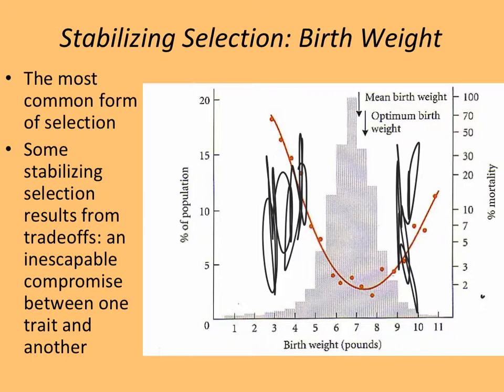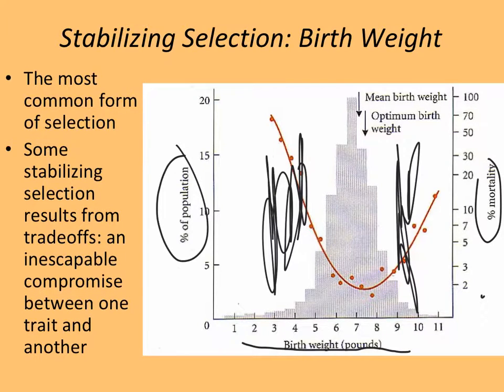Okay? First of all, this is percent of the population. This is the birth weight in pounds. And then this is mortality, which is the red stuff.